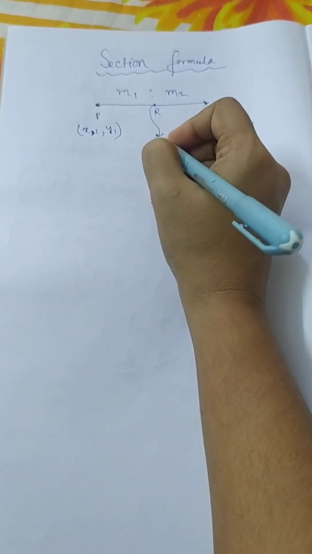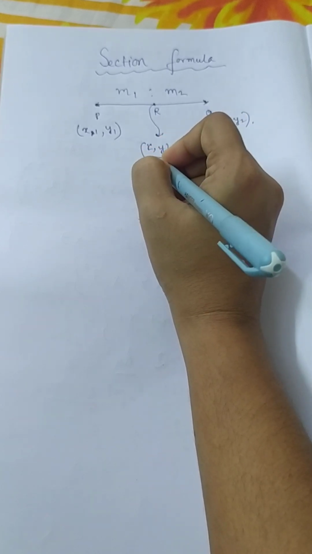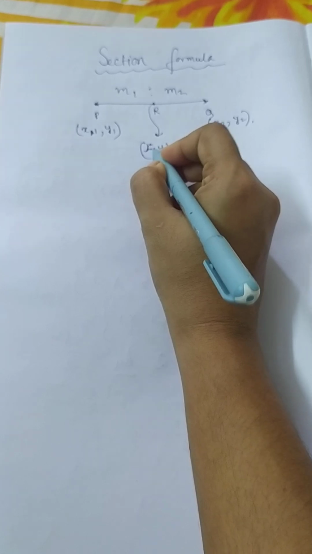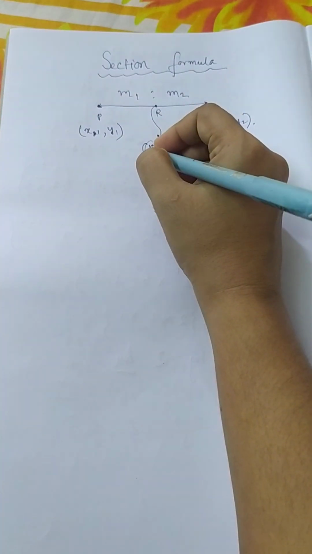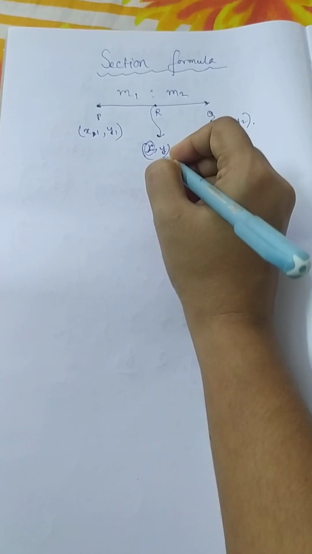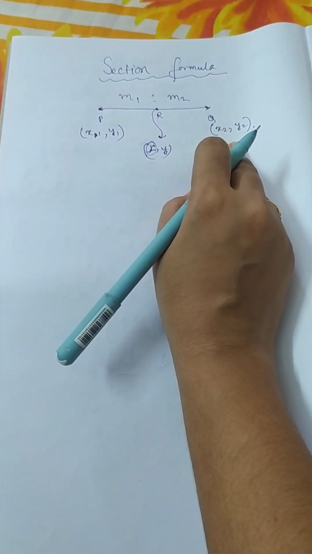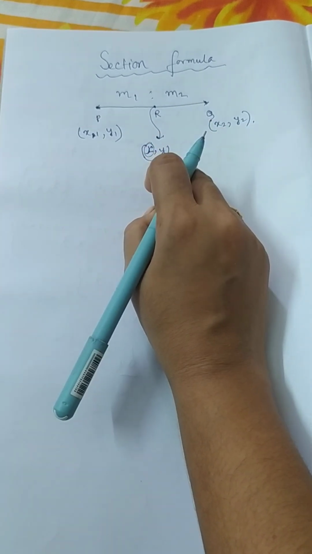If the coordinate of R point is denoted by x and y, we have to determine the coordinates of this particular point. In short, I have named it as x and y, but from this section formula we can find out the value of x coordinate and value of y coordinate, right?